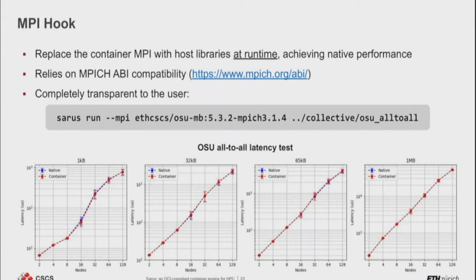I don't know OpenMPI that well. But for us at CSCS, it will be a problem because we have a proprietary Cray interconnect, and we cannot outsource the Cray MPI for people to compile their own container images. We need to be able to make that customization at runtime, and this is exactly what we are achieving with this. We rely on the ABI compatibility of the MPICH-based libraries, so this hook, as of now, only works for MPICH-based libraries.